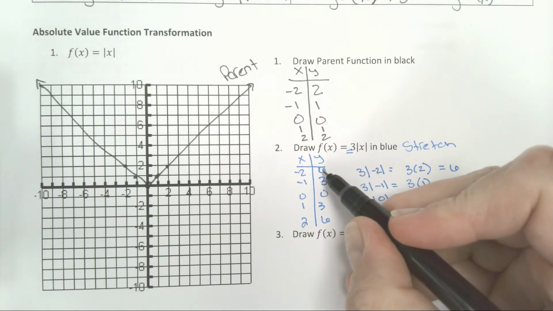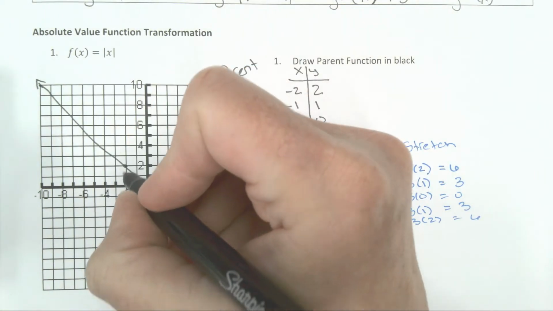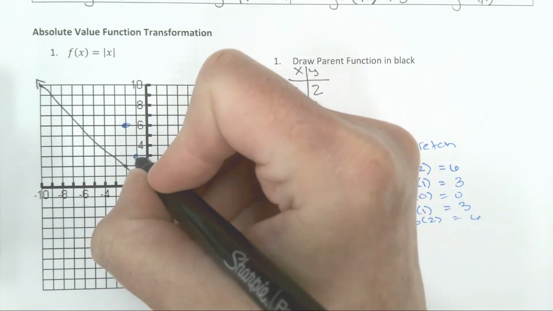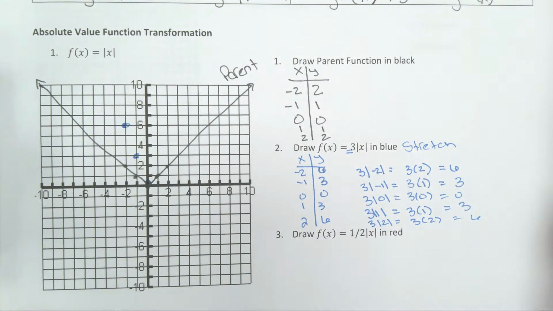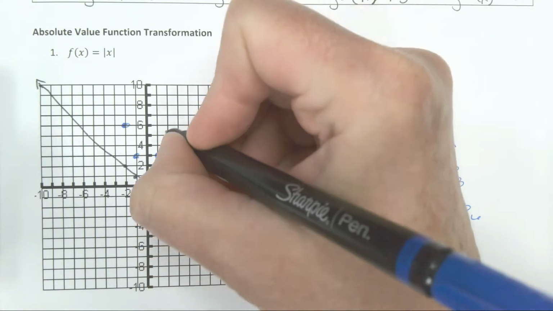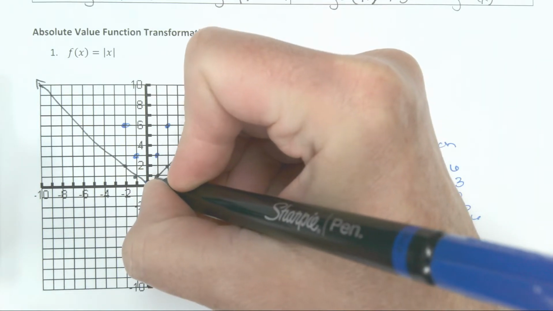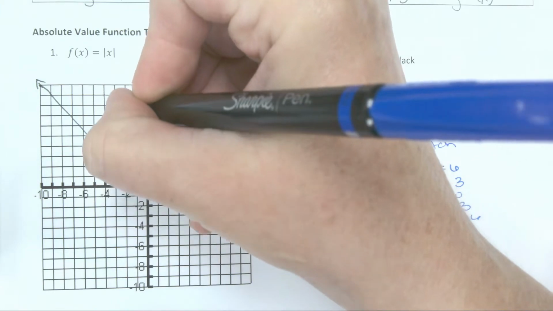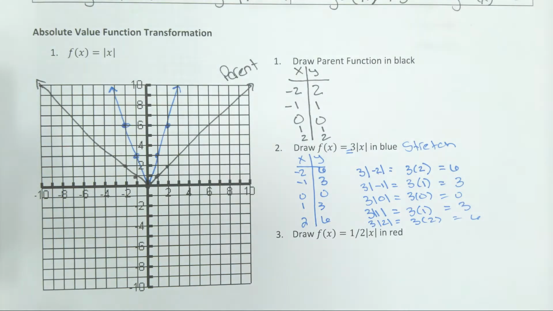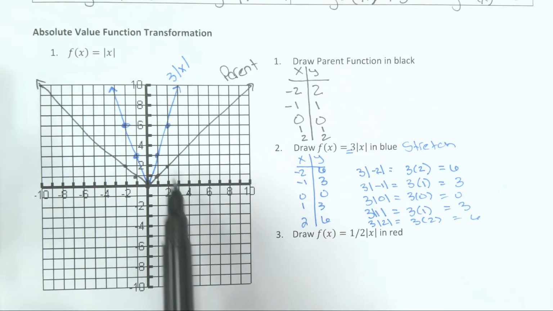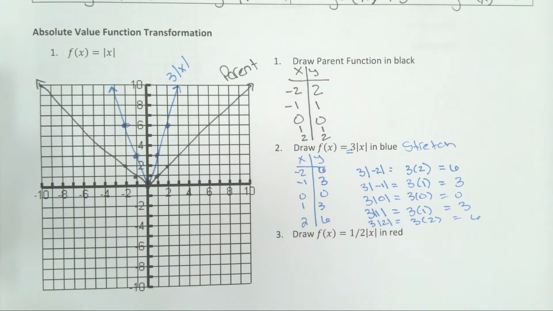So let's plot these points. -2, 6. -1, 3, my origin, 1, 3, and 2, 6. All right, so then when I sketch this graph, I see that this one is kind of taller and skinnier than my parent function is.